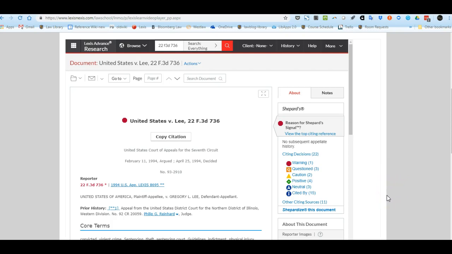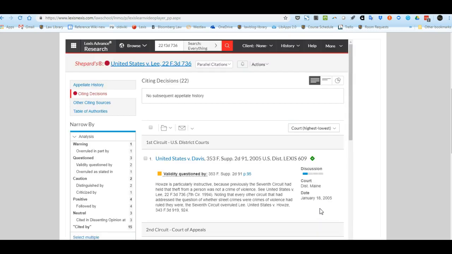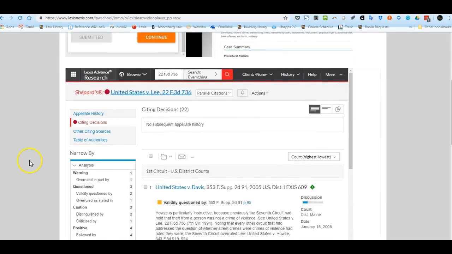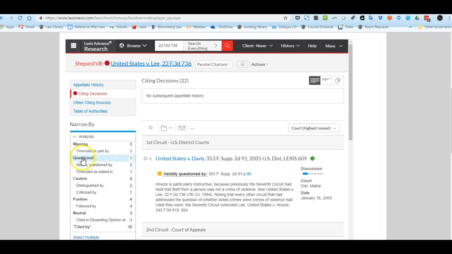What do I do next? Shepherdize this document on the right. And then this cuts off our questions. So it asked us how many questioned. So we see questioned, and it came up with 3.